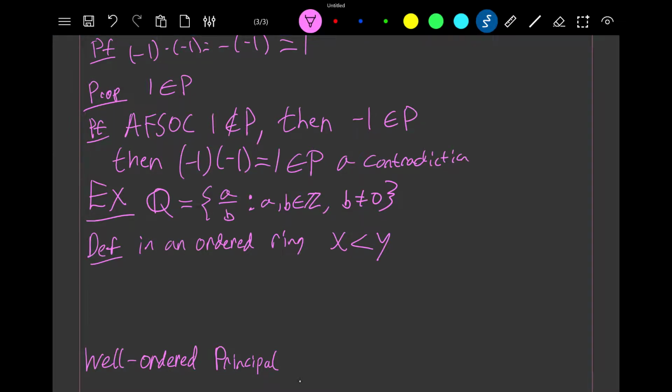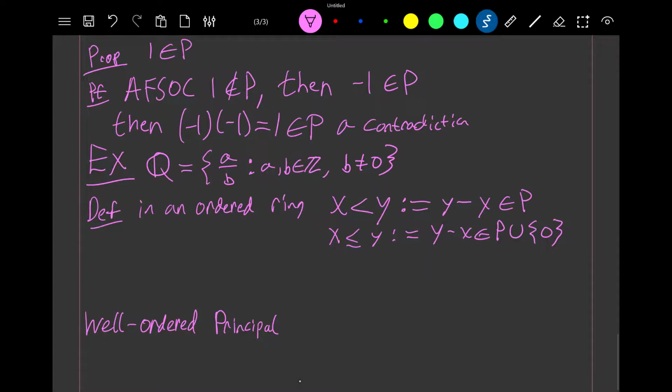Well, if x is less than y, this just means that y minus x would have to be greater than 0, so this would have to be in P. Here, this just means y minus x is in P union the set containing 0. And then you can similarly define greater than and greater than or equal to.